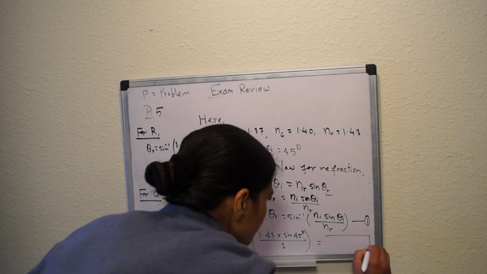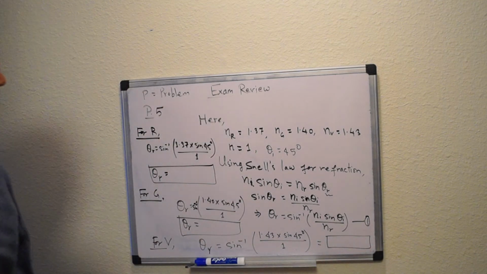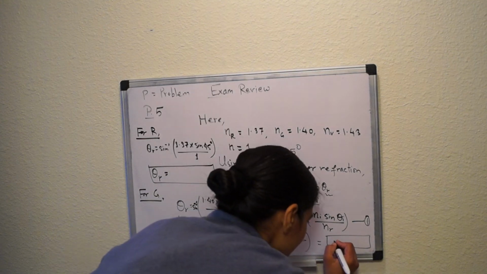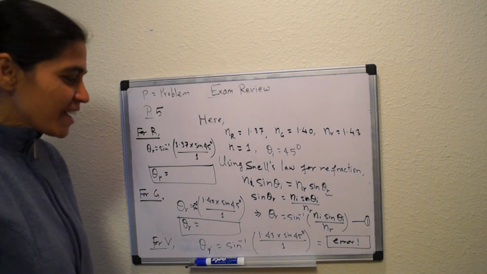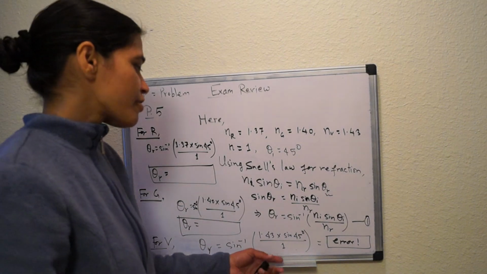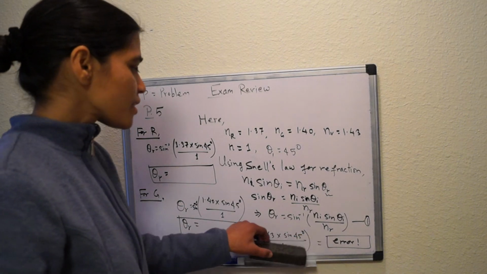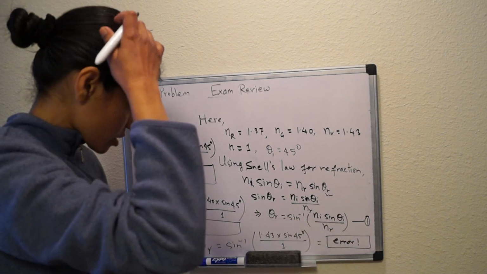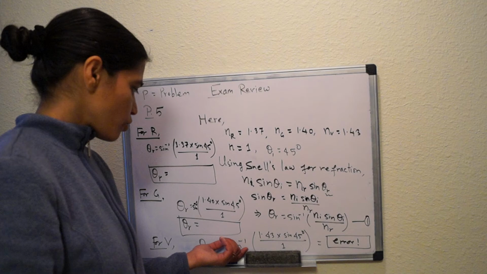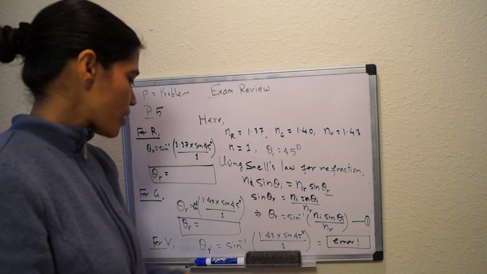And then you will not get a value, that's the thing. Your calculator may say error or something like that, or it will be out of the domain basically. So even from the calculation, you will see you won't get a value there. It is going to come as an error, because it's sine inverse of some value that is out of range.